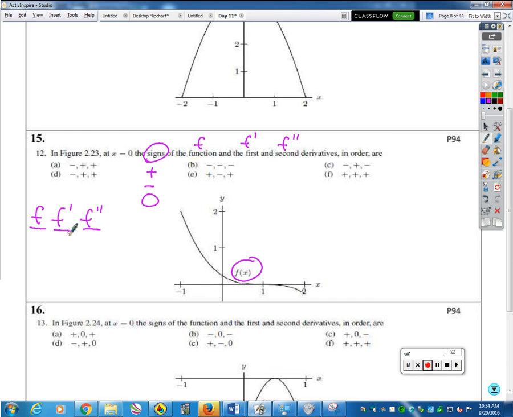So one person can help me. We're supposed to look at x equals 0. That didn't print quite right. X equals 0. I need a volunteer. So Chad, I'm just going to run my pen along f. This is f. You say stop when I get to x equals 0. Stop. You found y equals 0. No worries. Do you see the difference? Yeah, my bad. Try again. Go again.